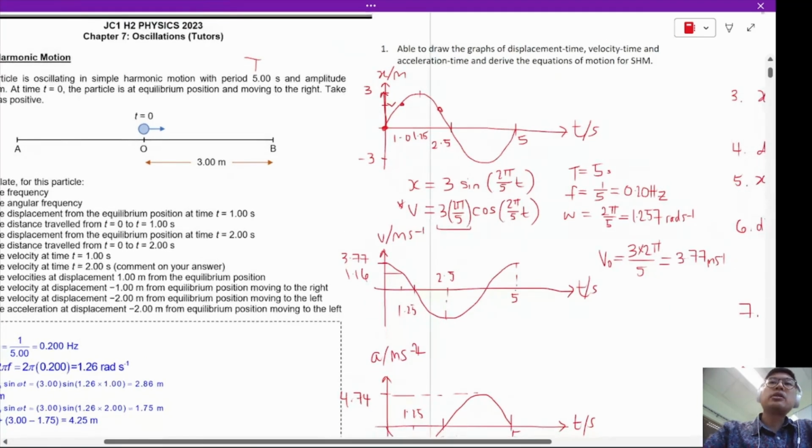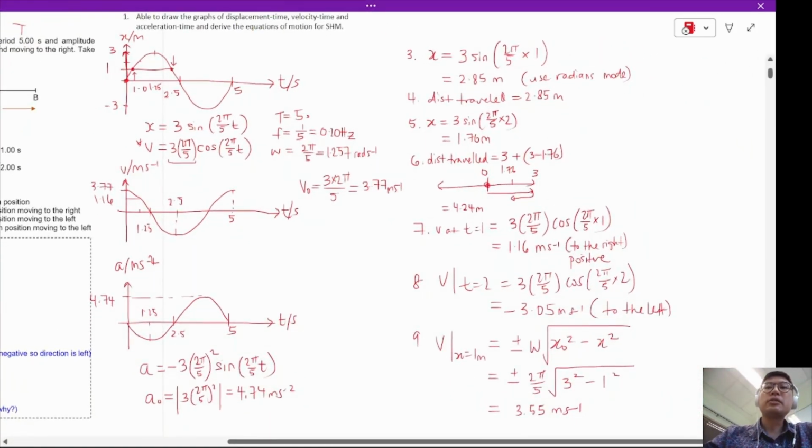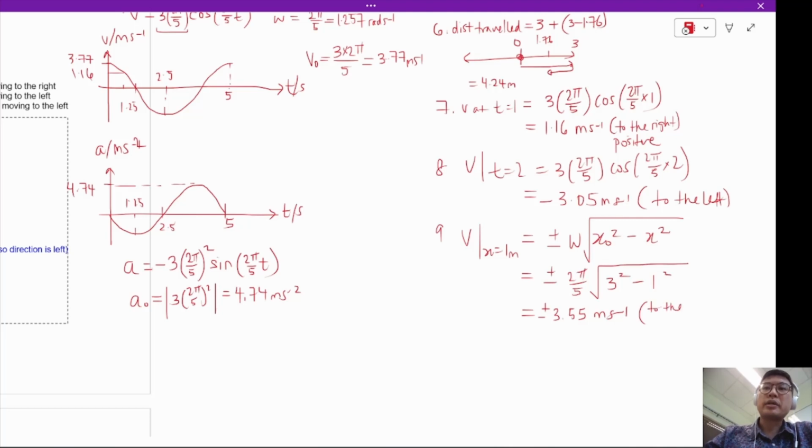So this means the object could be either moving in the positive direction, that means it's going upwards, or it could be moving in the negative direction, that means it could be moving downwards. So there are two possible timings at which the displacement could be 1 meter. All right, so this means that the velocity when the displacement is 1 meter could be plus minus 3.55 meters per second. That means it's to the right or to the left.